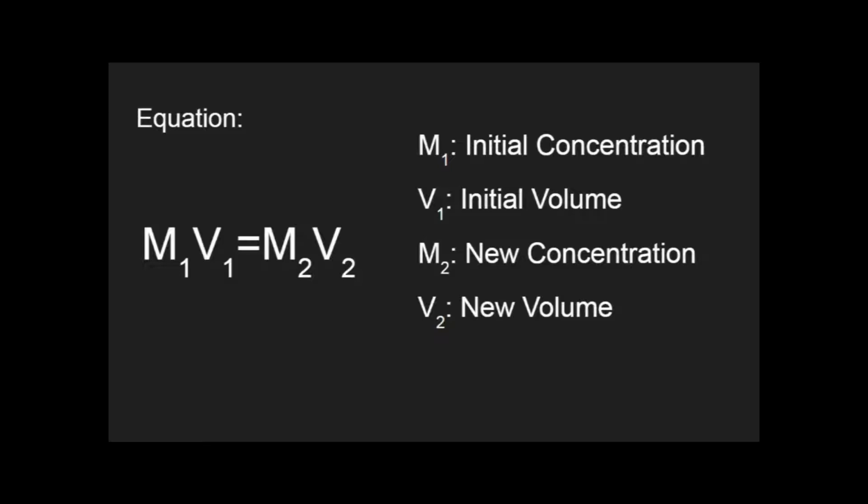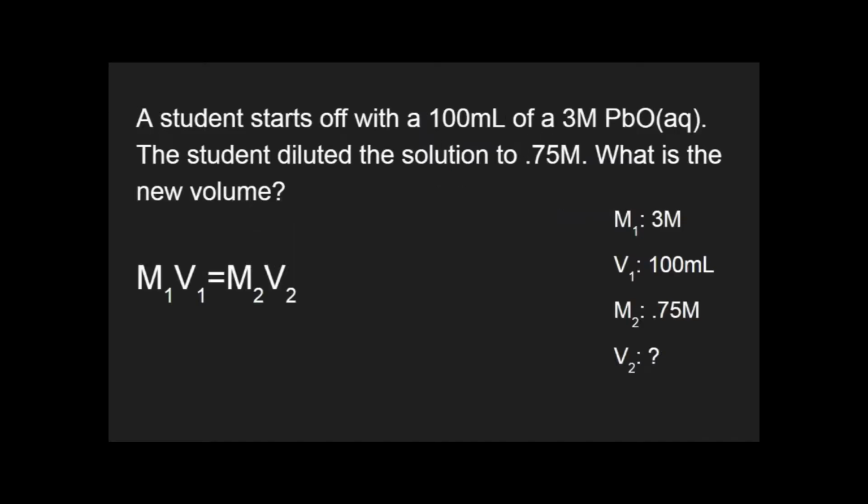Since the amount of moles doesn't change, we could set the initial concentration multiplied by the initial volume equal to the new concentration multiplied by the new volume, as shown by this equation here. M1V1 equals M2V2.